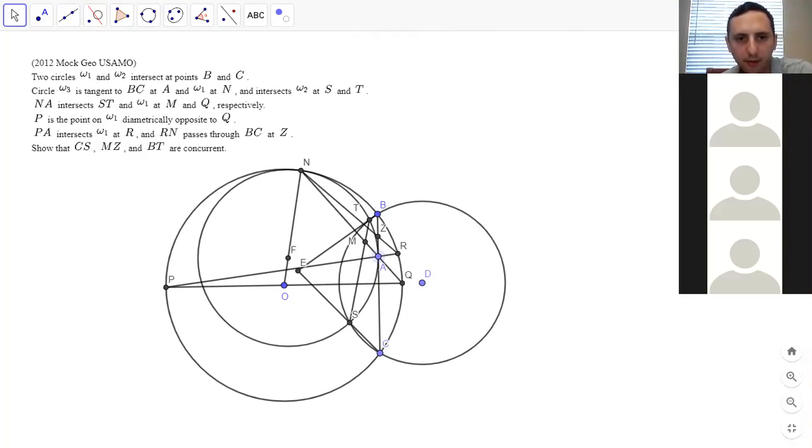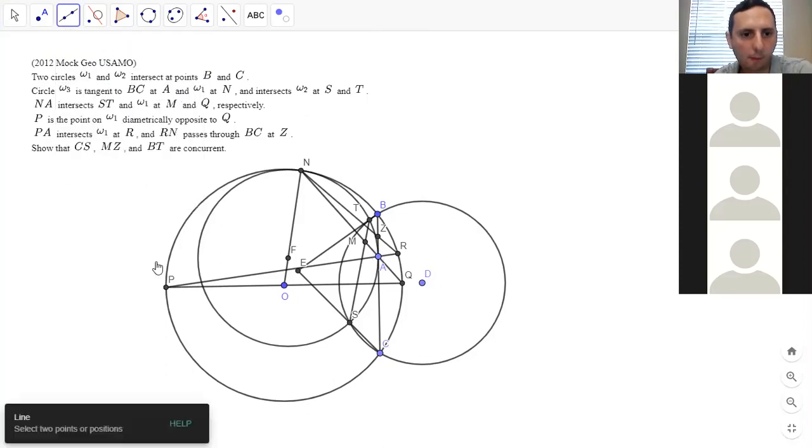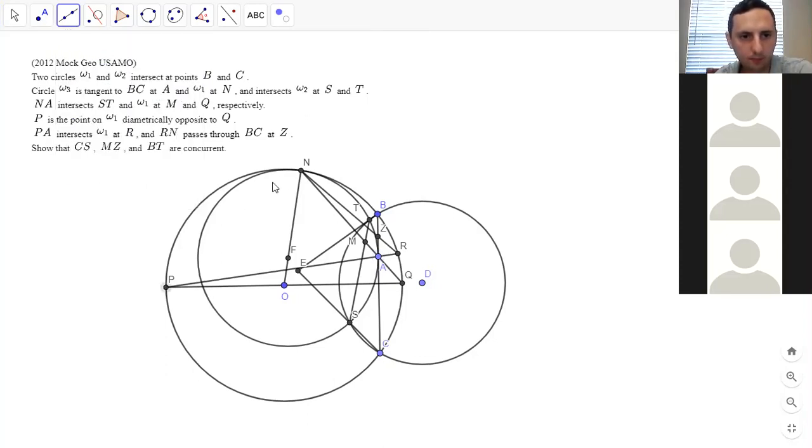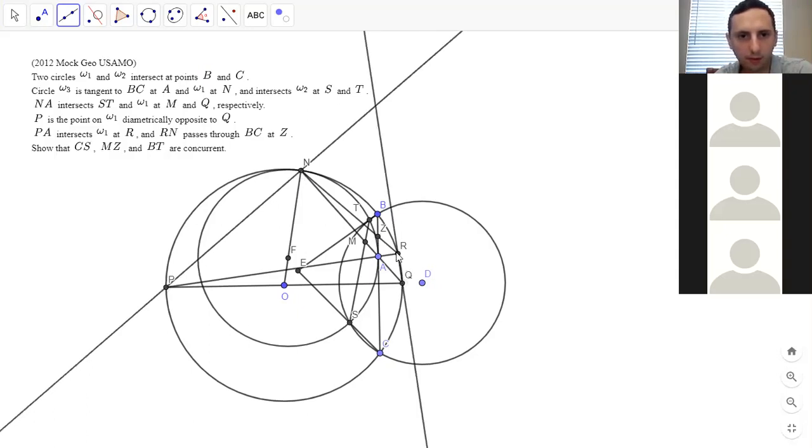Yeah, I think it might be obvious. I think it feels similar to that problem from Indonesia, actually. Oh, no, but that one was like the tangents. But yeah, so if we use Ricard's theorem, then PN, BC, and QR are concurrent. You could draw it like this. Maybe that might help.